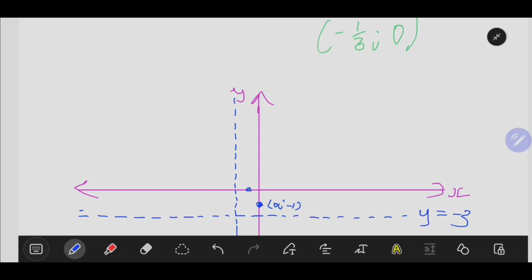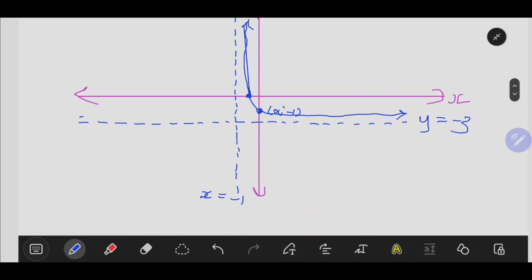Then now we just need to join our graph. Remember, the graph will approach the asymptote, but it will never touch the asymptote, just like this.